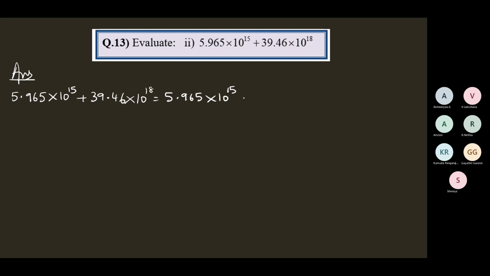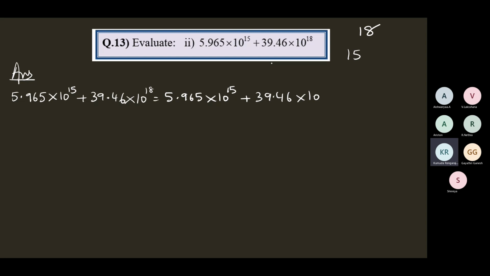That's how I've written. What have you changed? 15 or 18? I've changed 18, ma'am. Then continue. Plus 39.46 into 10 to the power 18 minus 3, ma'am. How can you write 18 as 18 minus 3? 18 is not 18 minus 3. What is the other way of writing 18 using 15?